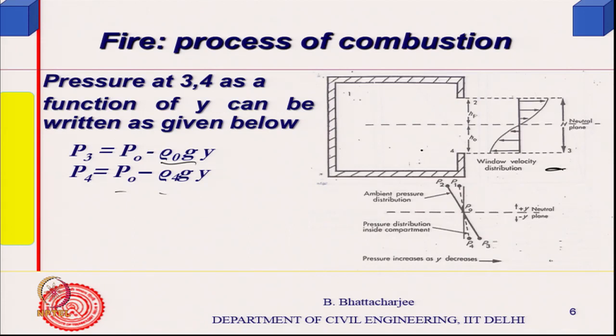So, the height y here is positive, and this is somewhat higher. Actually, this should be rho 0 plus the excess pressure, rho 0 g y, because there is a minus sign. See, my datum is here, so y is negative, right.